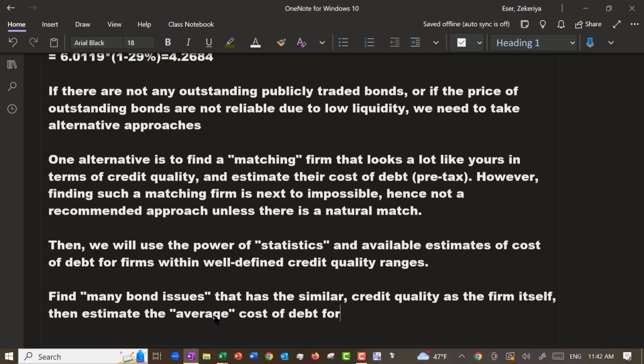Luckily enough, we actually have pretty much daily data on those things. I mean, publicly available ones are on rough groups. So if your firm is AA rated and you wanted to estimate how much it would cost you to borrow if you chose to do so, it's not particularly that difficult.